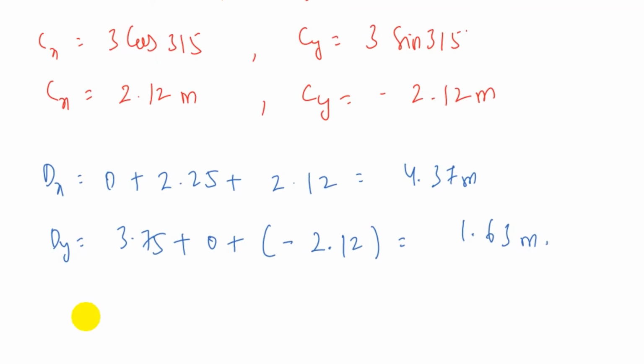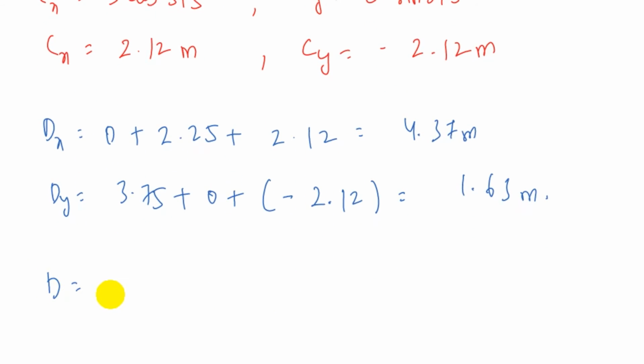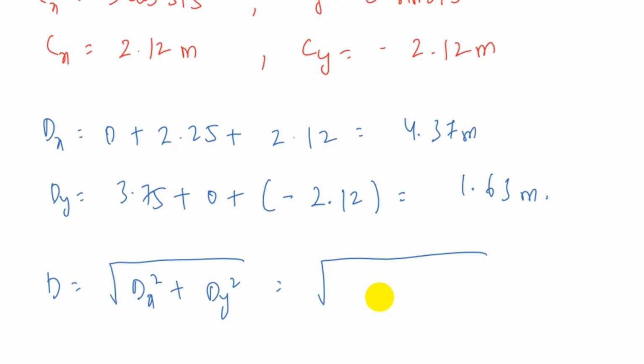Now we can easily calculate the magnitude of d vector, which is under root dx square plus dy square. We have just used the Pythagoras theorem. So under root this is 4.37 squared plus 1.63 squared, so this would be equals to 4.66 meter.